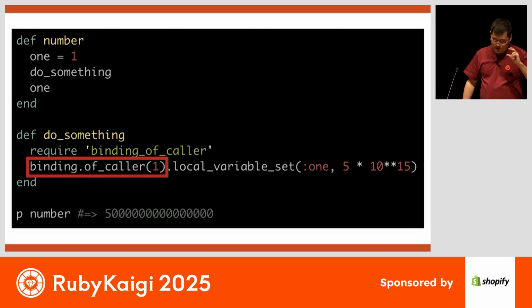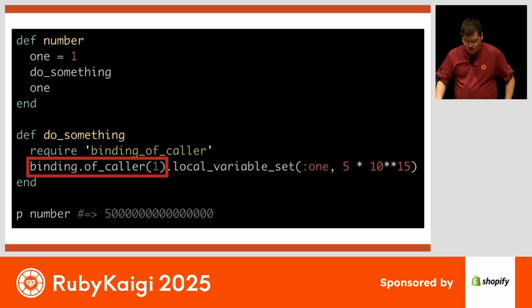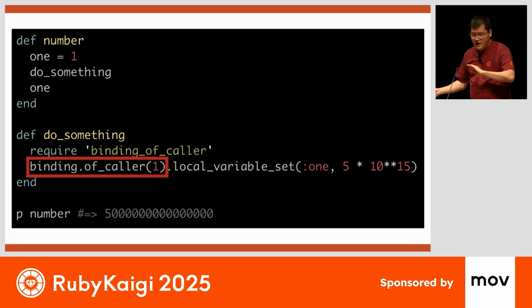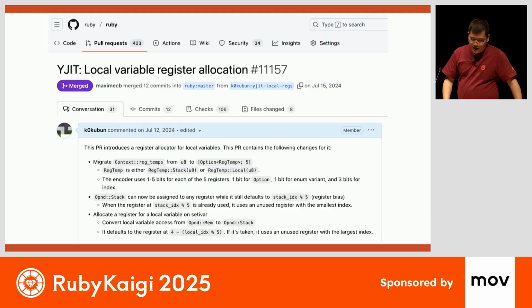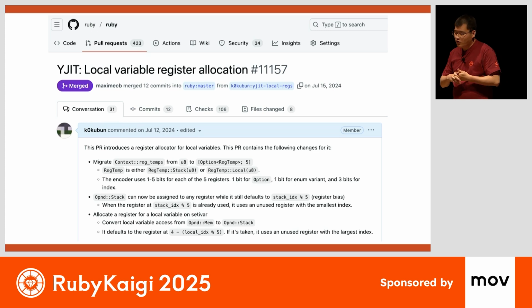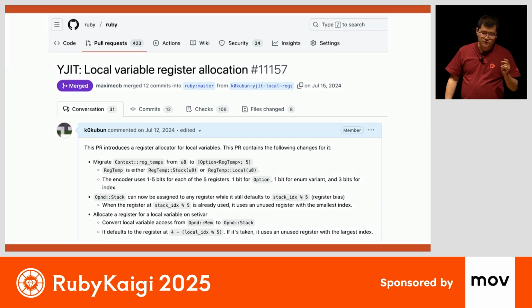Whenever you call some arbitrary method that's not inlined into your JIT code, it could mess up the Ruby local variables. So it's not guaranteed that the Ruby local variables are not going to be modified by the callee methods, even if you are not passing a block to the callee method. With that, we introduced a new optimization called local variable register allocation to Ruby 3.4.